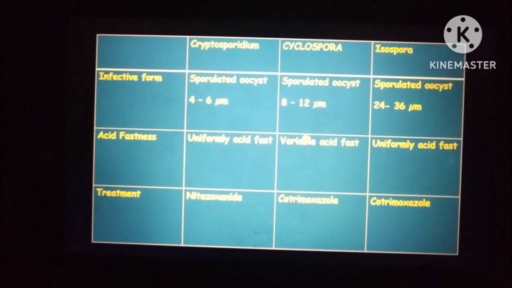Treatment is important. For Cyclo and Iso, it is cotrimoxazole, whereas for Cryptosporidium it is nitazoxanide. So we want to remember the infective form, and the size and the treatment are important in this condition.